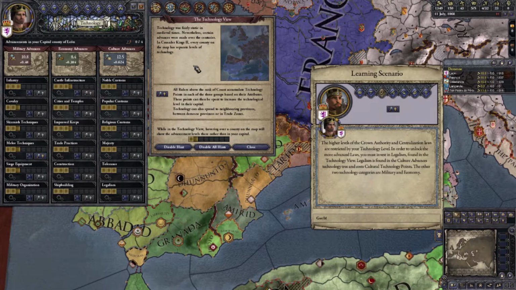These points can then be spent to increase the technological level in their capital. Technology can also spread to neighboring provinces, between domain provinces, or in trade zones. While in the technology view, hovering over a county on the map will show the advancement levels there rather than in your capital.